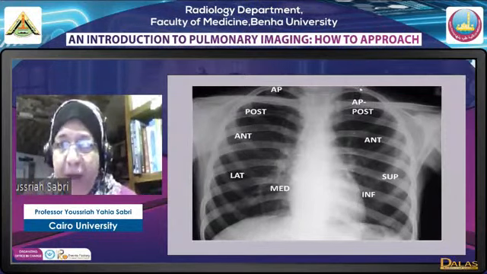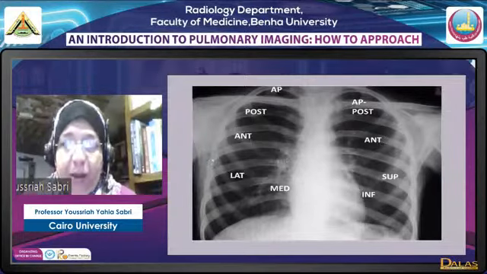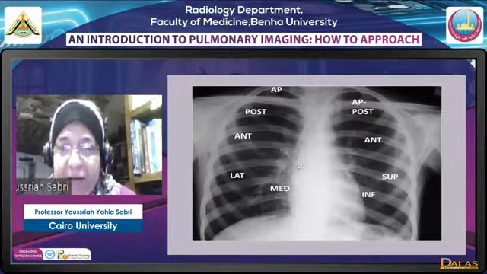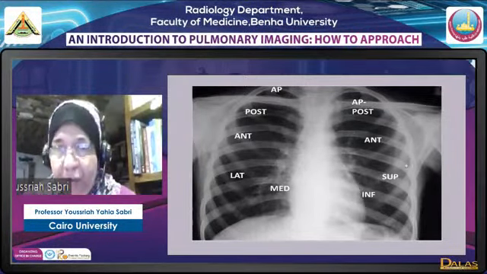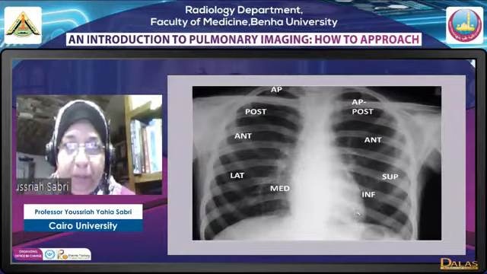On the left side we have an apico-posterior segment in this position, and an anterior segment in this position. Regarding the middle lobe, below the imaginary line we have the lateral segment, and related to the right border of the heart, the medial segment of the middle lobe. On the other side, we have the superior segment below the imaginary line of the lingula, and the inferior segment of the lingula related to the left cardiac border.